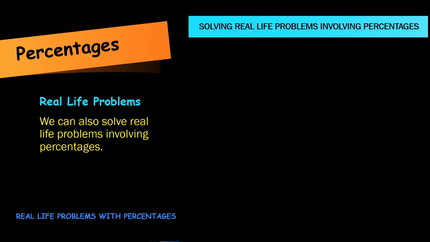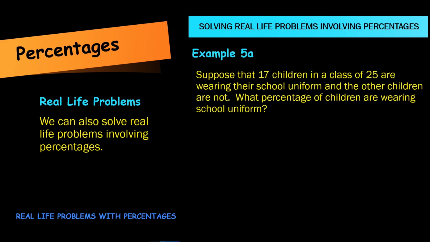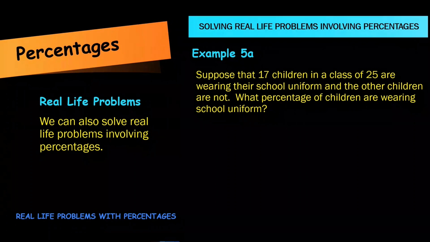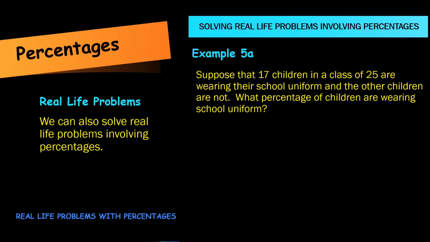We can also solve real-life problems involving percentages. Let's take a look at an example. Suppose that 17 children in a class of 25 are wearing their school uniform and the other children are not. What percentage of children are wearing school uniform? Let's first summarize the key information. The total number of children equals 25.